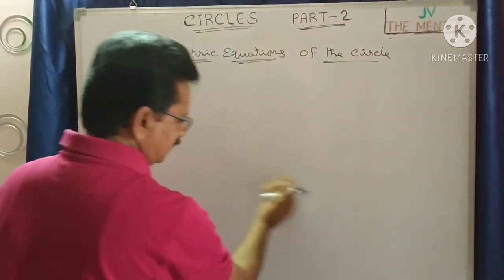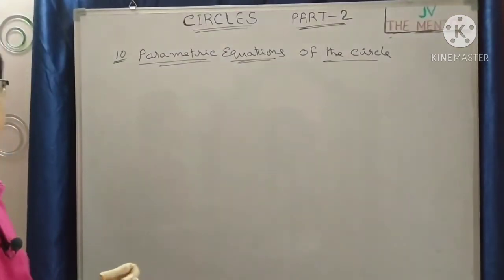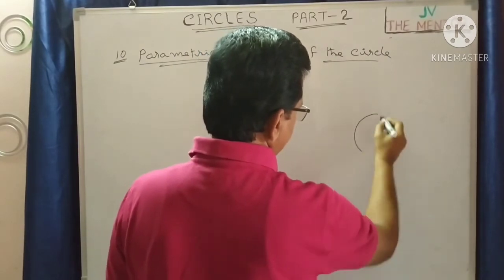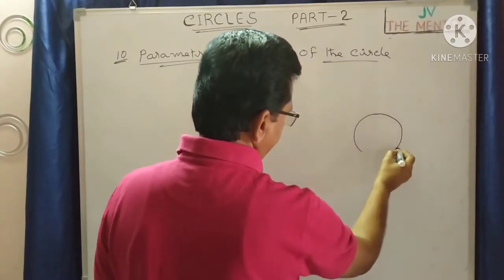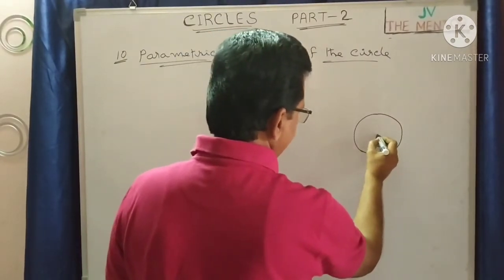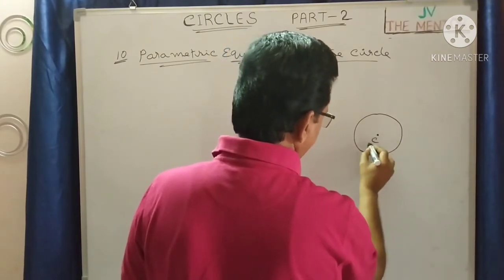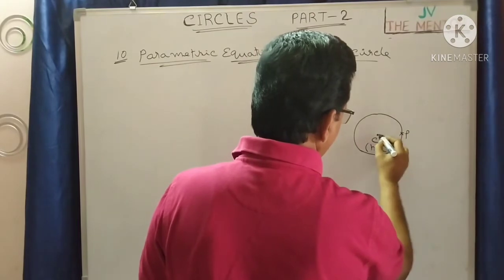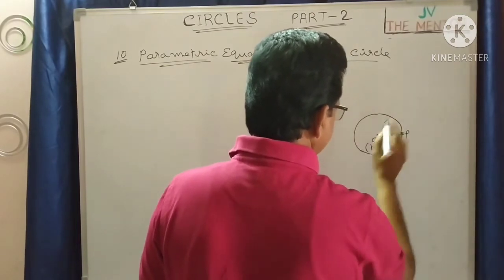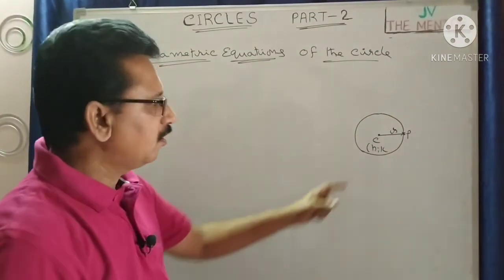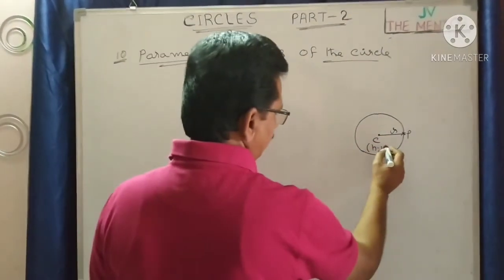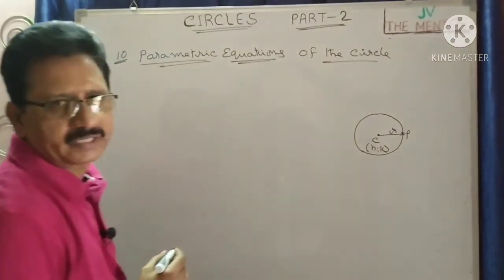If h comma k is the center and r is the radius, see this. This is the center, h comma k. CP, this is the radius. r is the radius, h comma k is the center. r is the radius of the circle.